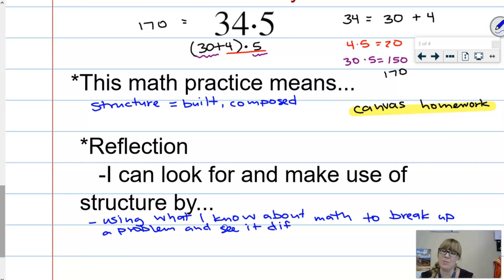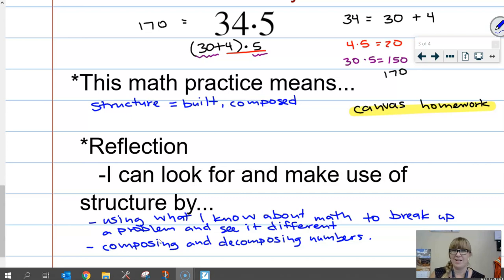When we break up that problem, it does help us see it in a little bit different way, and that can give us some good clues. Think about the specific examples that we went through. I can look for and make use of structure by composing and decomposing numbers. Those are some good ways that you can reflect on Math Practice 7, and hopefully that also helps you understand it a little bit better so that you can put it in your own words.